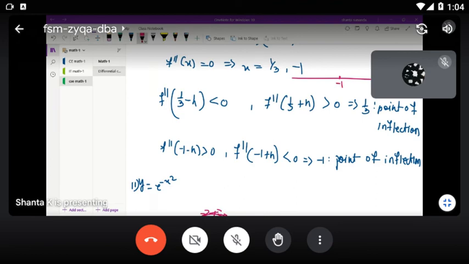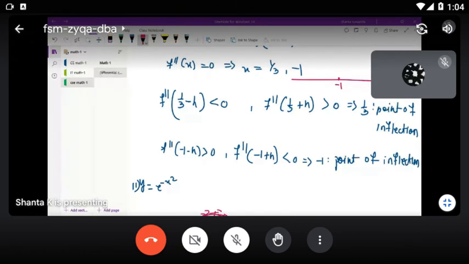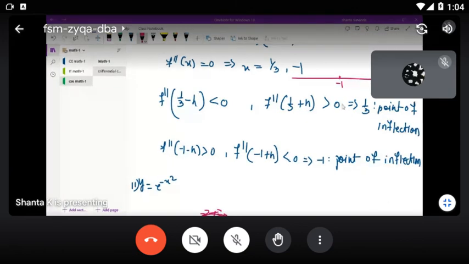Yes, the definition. See, less than 0, greater than 0 means if you make it 1 by 3, what happens here? At this point, we have the concave downward, isn't it? At this 1 by 3, here it is. You see, this is less than 0 at this side, so it is concave downward. What I'm saying, mathematically we are looking at less than 0.